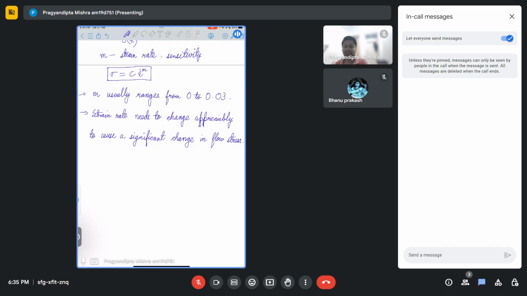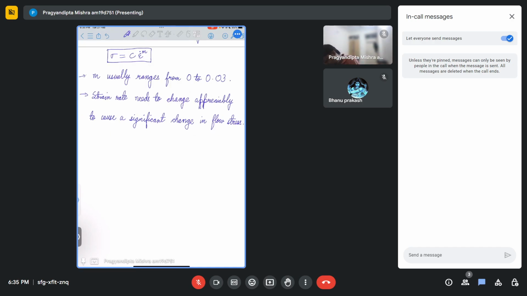Okay. However, there is another way in which you can influence the strain rate sensitivity parameter. Strain rate sensitivity parameter, it is dependent on temperature.